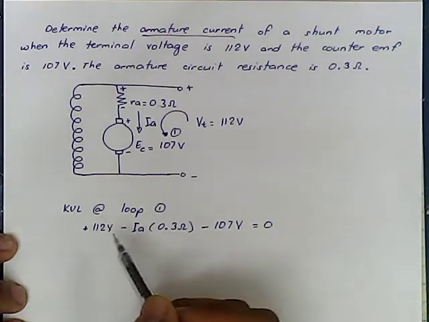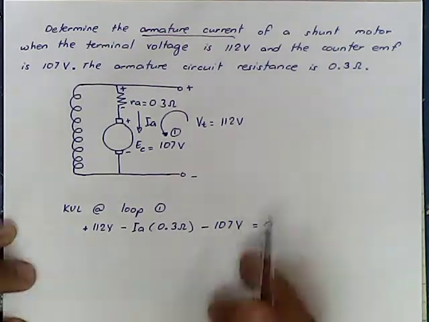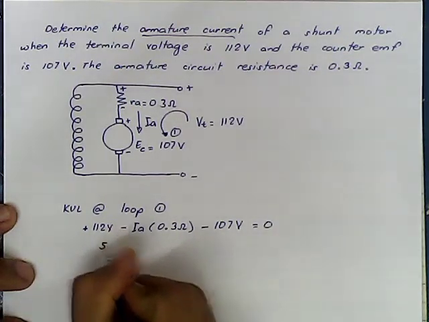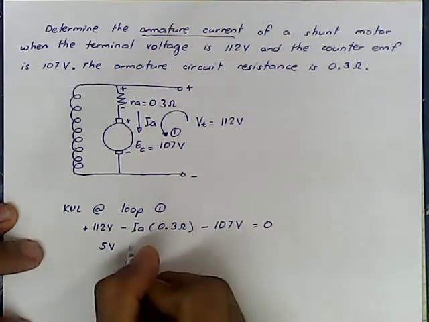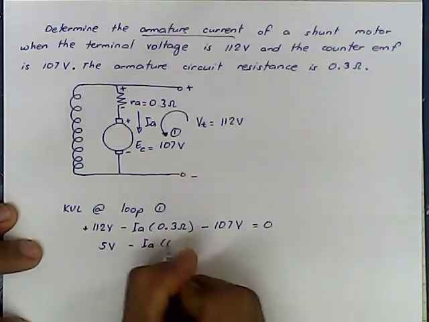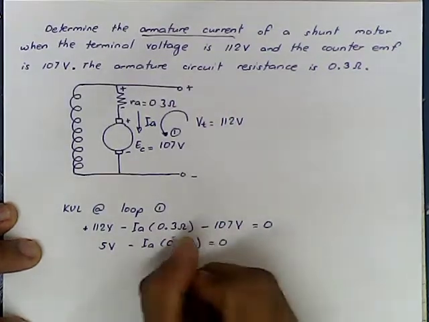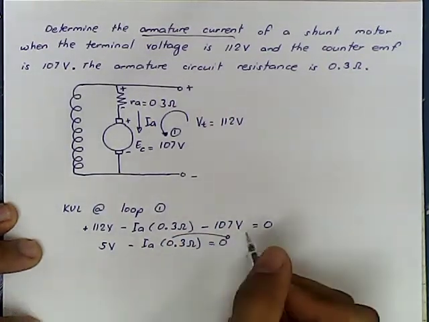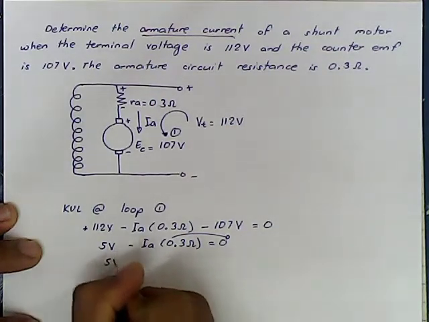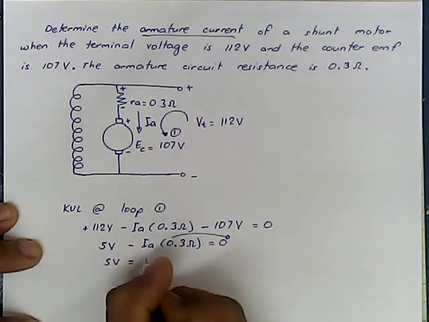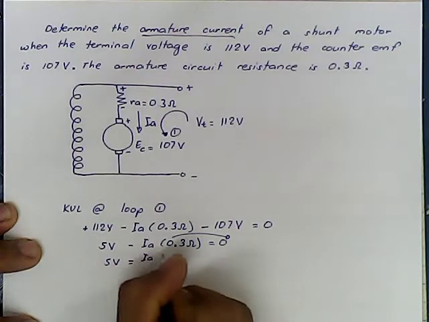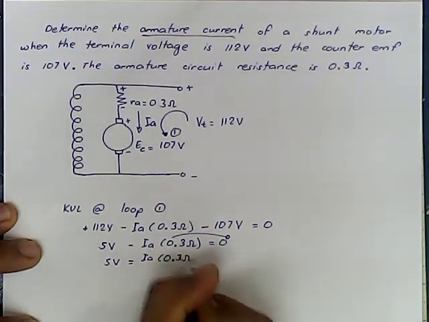So, 112 volts minus 107 volts will give us 5 volts minus IA times 0.3 ohm equal to 0. Let's transpose this to the other side to make it positive. So, we have 5 volts equals IA times 0.3 ohm.